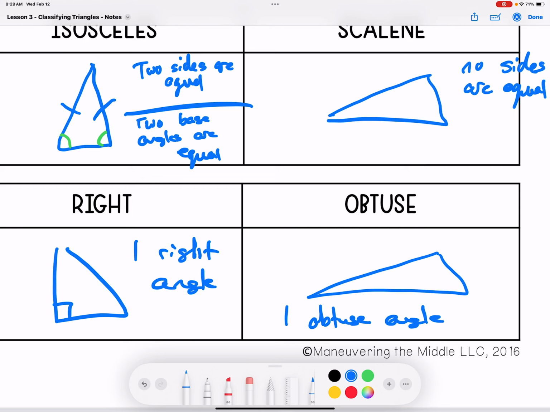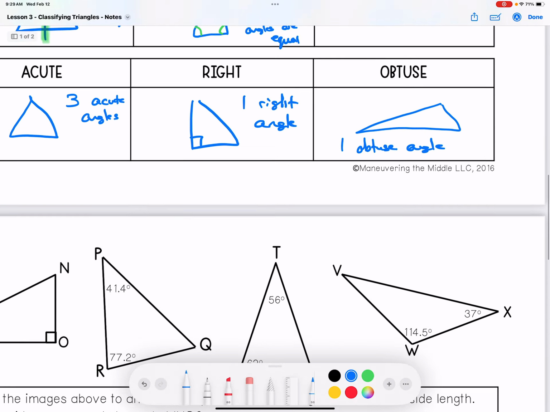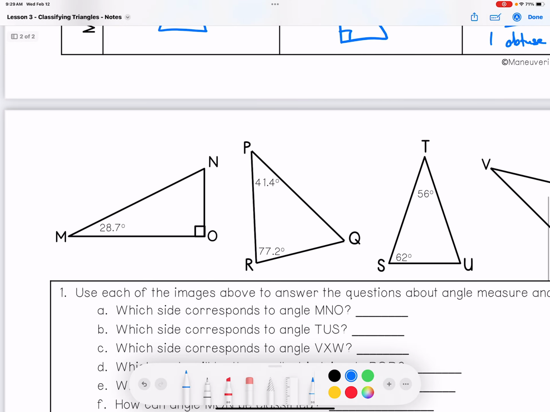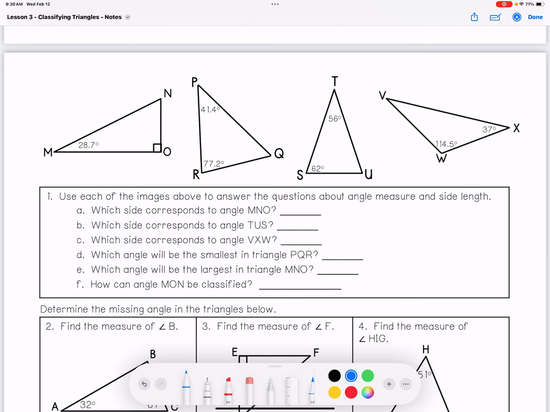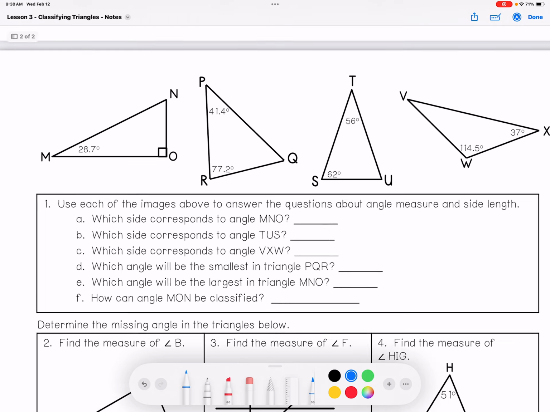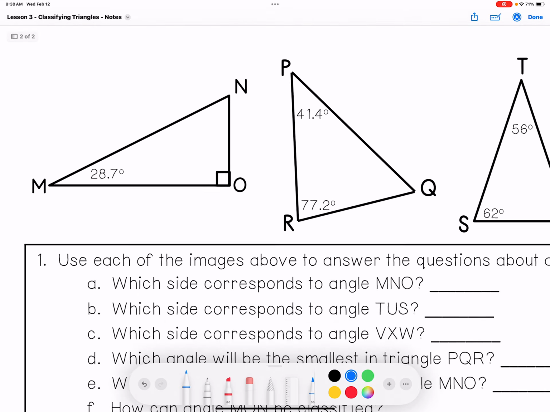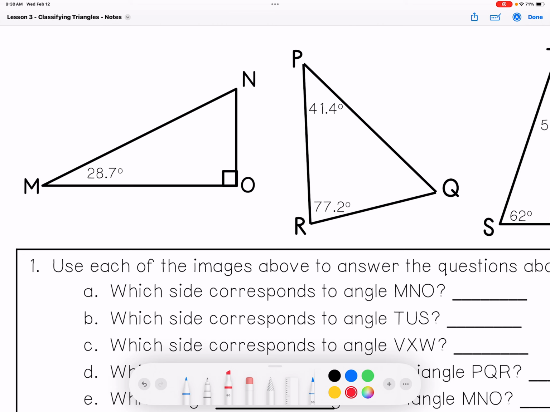Back page we go. Use each of the images above to answer the questions. Which side corresponds to angle MNO?